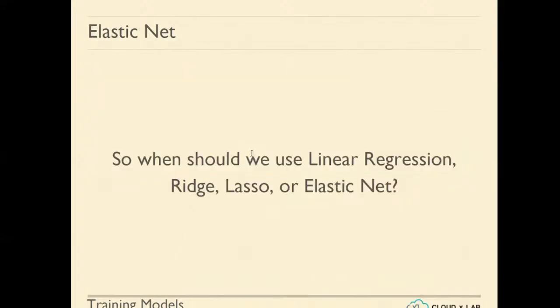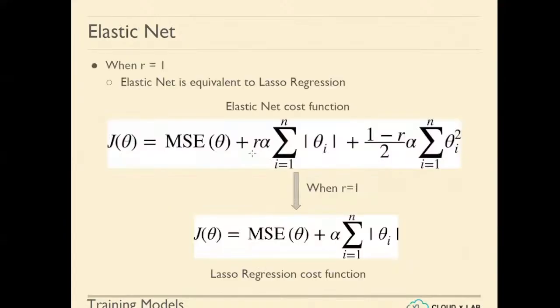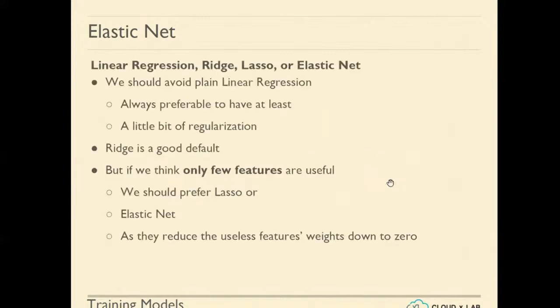So when should we use linear regression, ridge regression, or elastic net? Generally, you can use elastic net, because in elastic net we have both L1 and L2. It also depends on what type of problem we are solving.